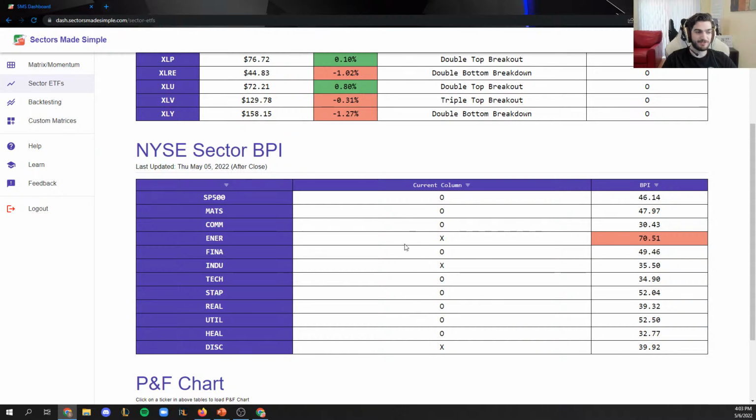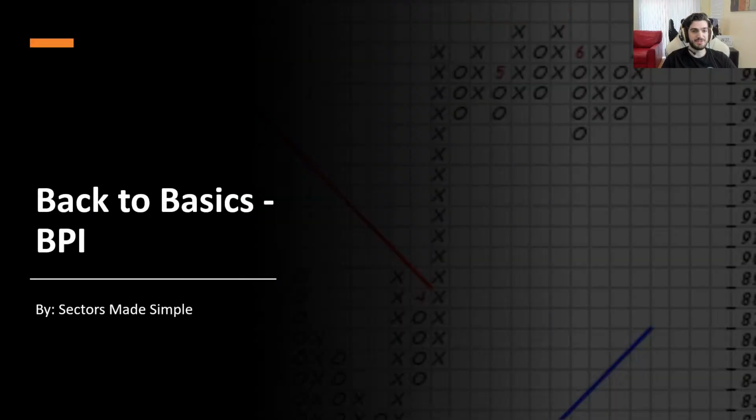We've got some X's and O's, which means we're probably going to be dealing with point and figure today. And we have some prices? Not really. Today, you'll learn exactly what these BPI values are, but more importantly, how you can use them. So let's get straight into today's webinar by talking about the basics, BPI.